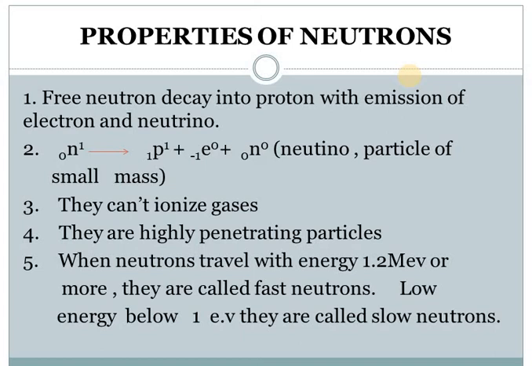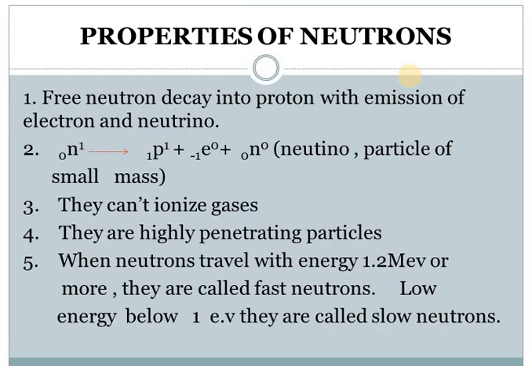Fifth point is when neutrons travel with energy of 1.2 mega electron volt, that is high energy, or more than that, they are known as fast neutrons, while the low energy neutrons are below 1 electron volt, they are known as slow neutrons. Simply they can ask you to categorize neutrons depending upon their speed or energy.